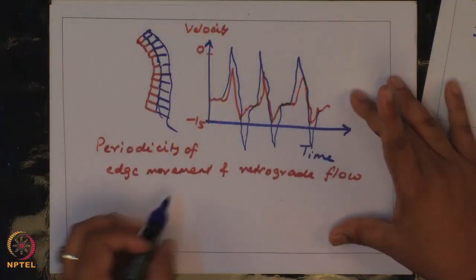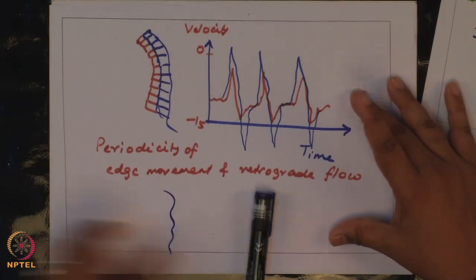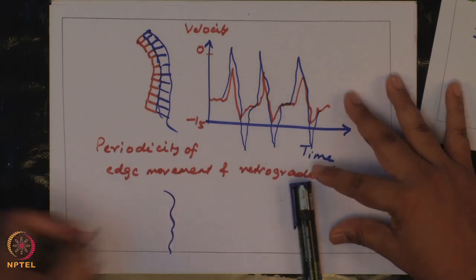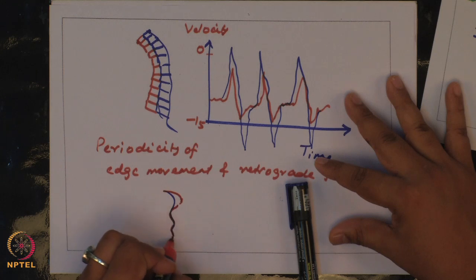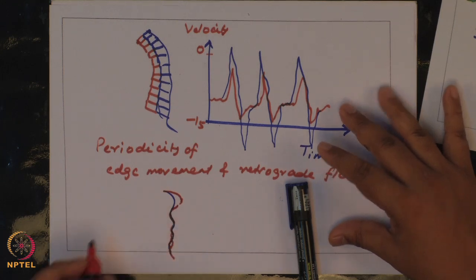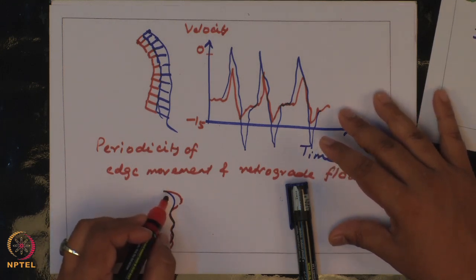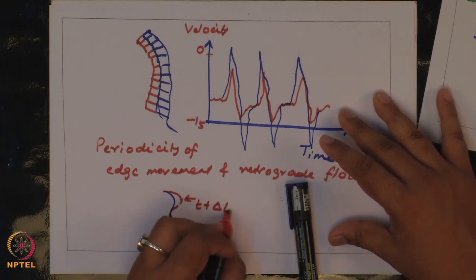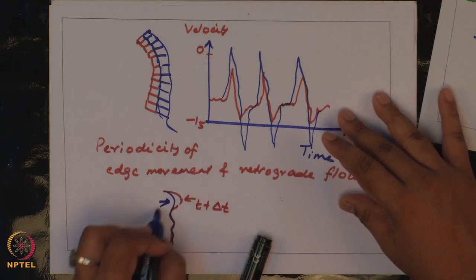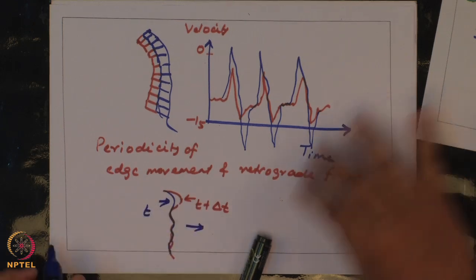So, you have the leading edge, let us say at a given time step, from this you had this local protrusion. I am overlapping the leading edge membrane at two different configurations. This is T plus delta T and this is T, the cell is moving in this direction.